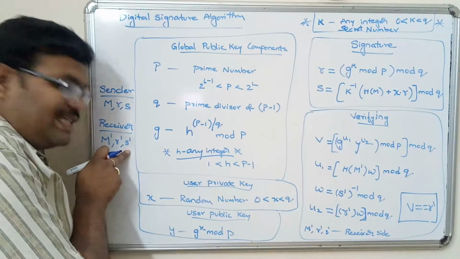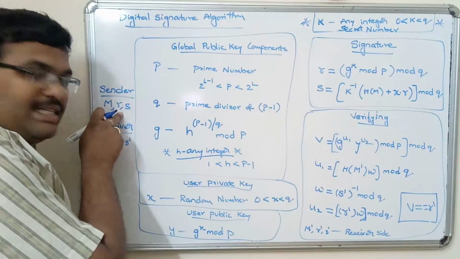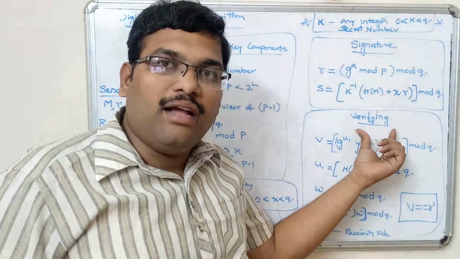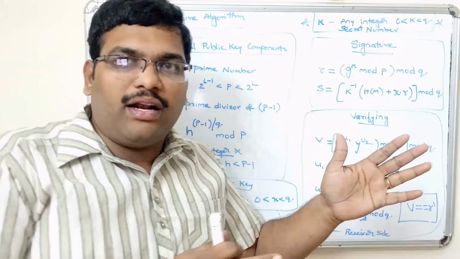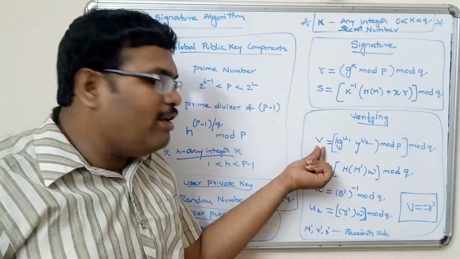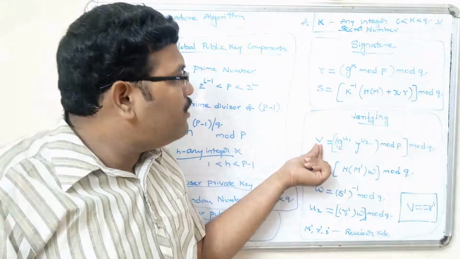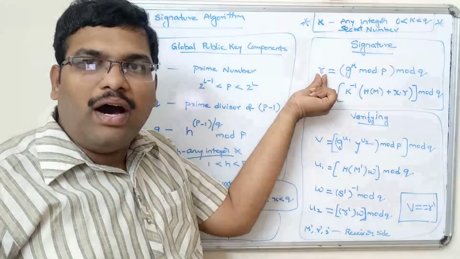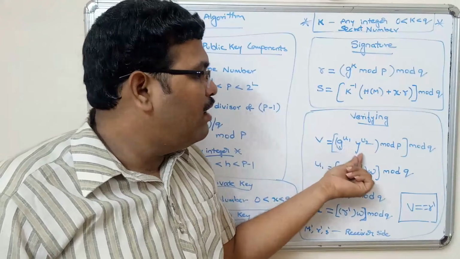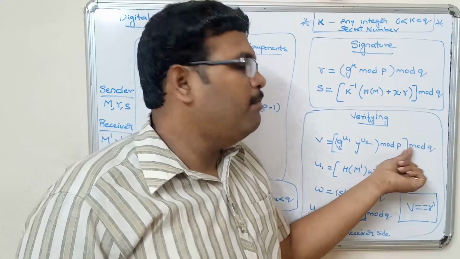This is the receiver side, this is the sender side. Now in the verification, that means we are calculating at the receiver side, we have to calculate V, which is compared with the received version R dash. So V is equal to G power U1 times Y power U2, mod P, mod Q.